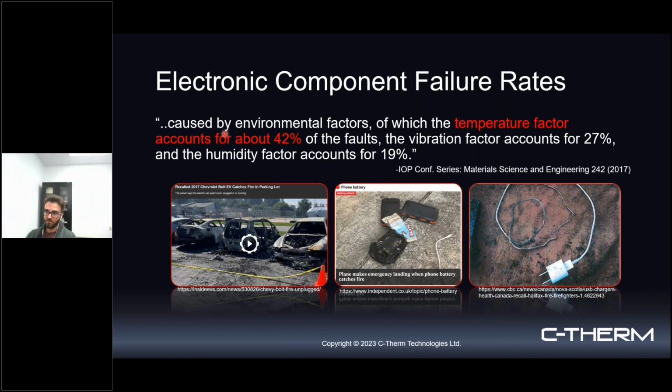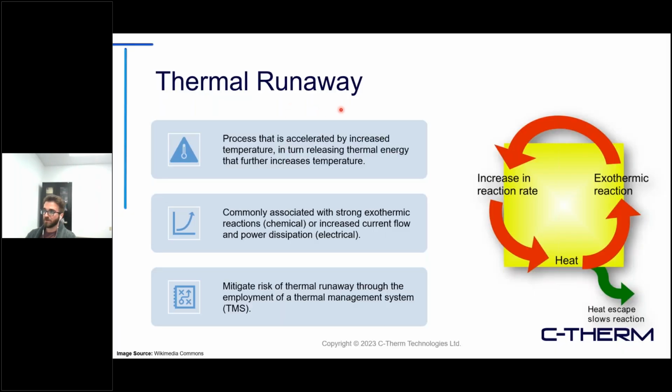There are multiple factors, different environmental factors that can happen when we're talking about where things are going to break down, but noting that the temperature considerations account for almost half of the faults. Mechanical considerations through vibrations, humidity, different environmental considerations, of course, can be at play, but temperature is amongst one of the largest components.